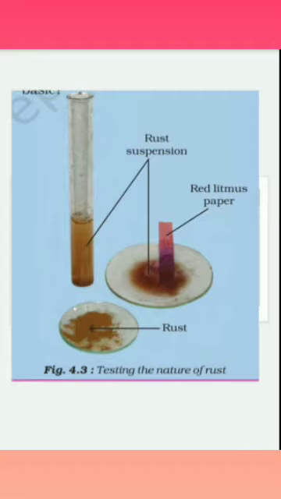It turns blue. Here iron oxide dissolved in water forms iron hydroxide. It turns red litmus blue. From this we identified that metallic oxides are basic in nature.